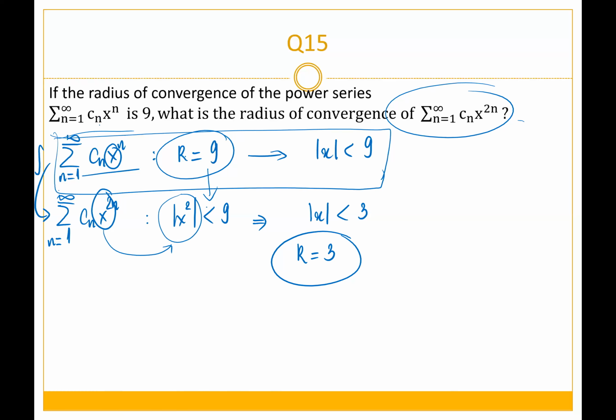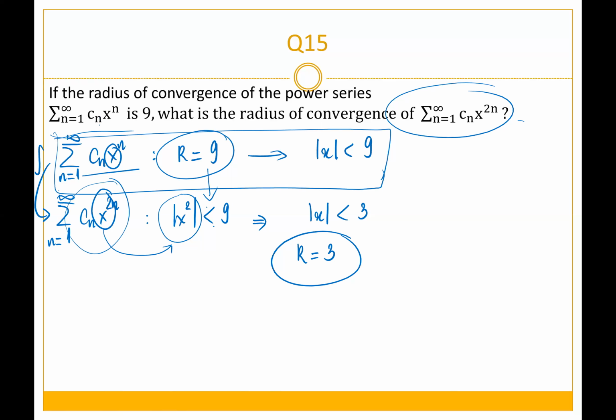So when they say the radius equal to 9 in the problem statement, it means two things. When you take the ratio test, you end up having whatever fraction to the n power, which is absolute value of x, and it's smaller than 9. So when you take the ratio test for this part as well, then you're going to have the expression of a radius be absolute value of x squared smaller than also 9.